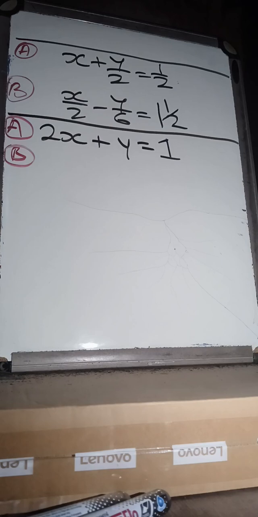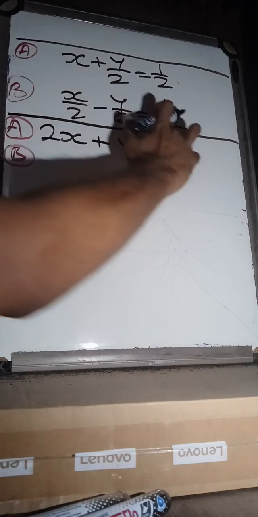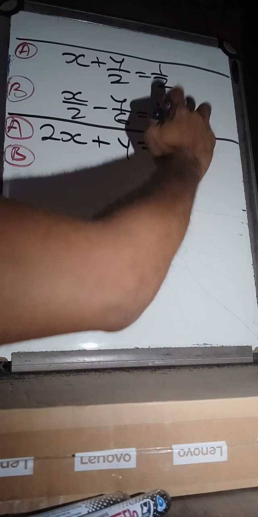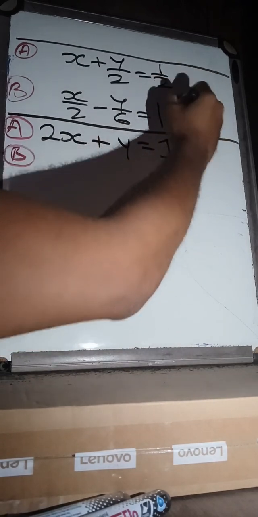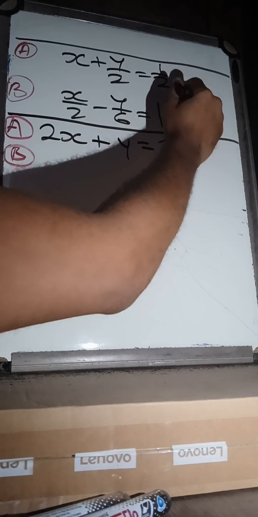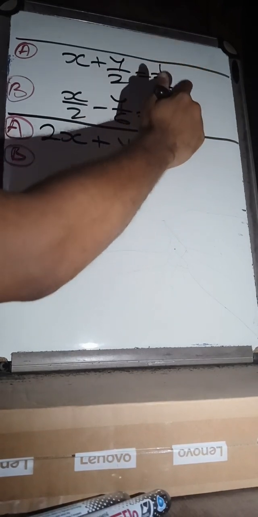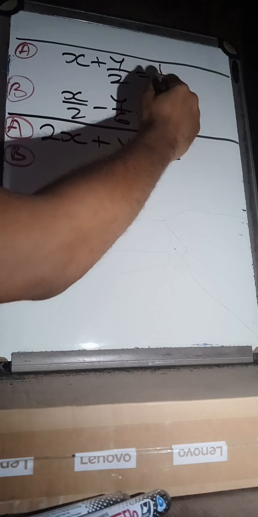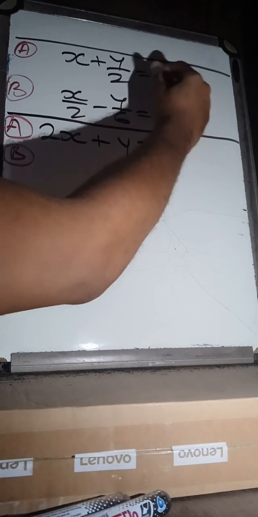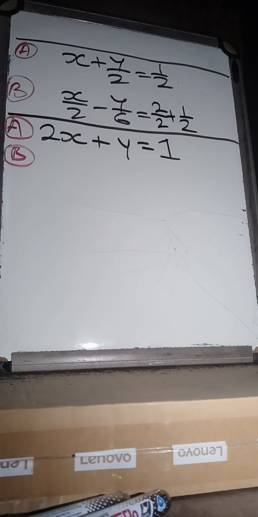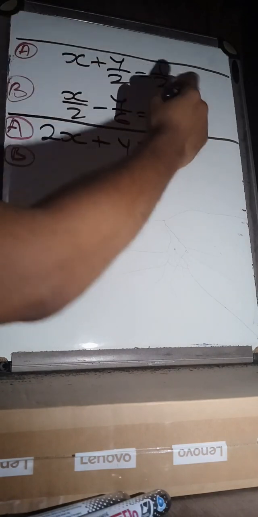Now for this, we multiply everything by 6. Now 1 and 1 over 2 is what? 3 over 2. Because if you look at this another way, this is the same as 1 plus 1 over 2, and the 1 is the same as 2 over 2, resulting in 3 over 2 when you add the numerators.